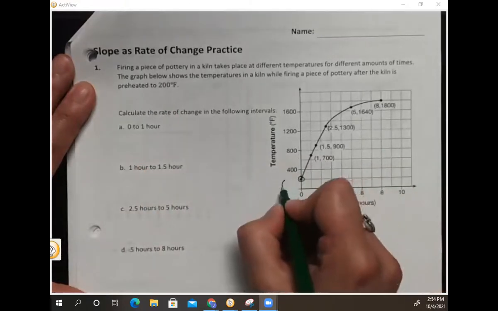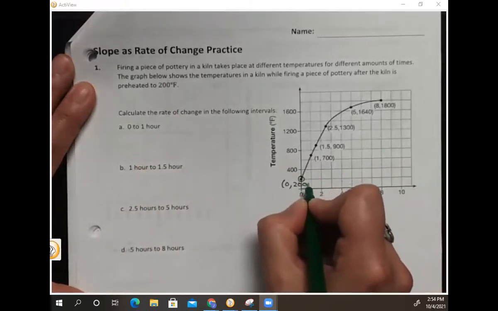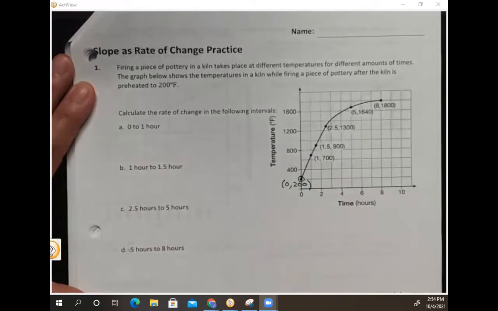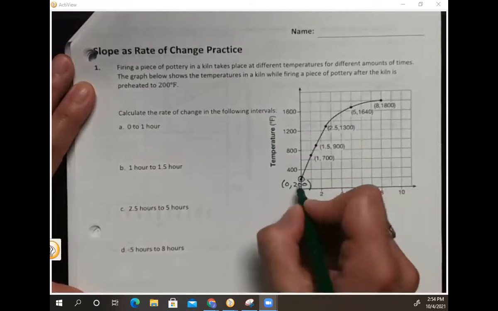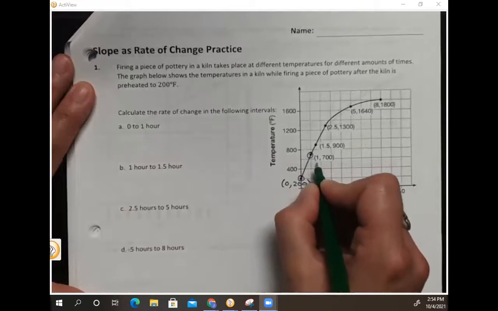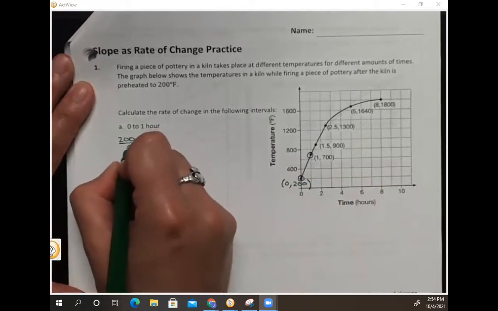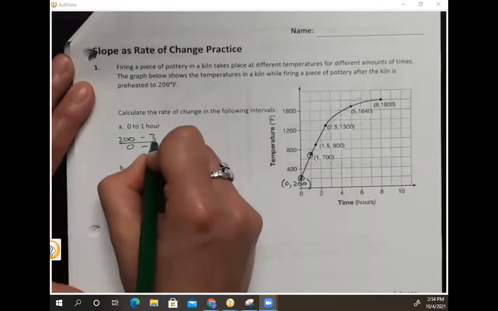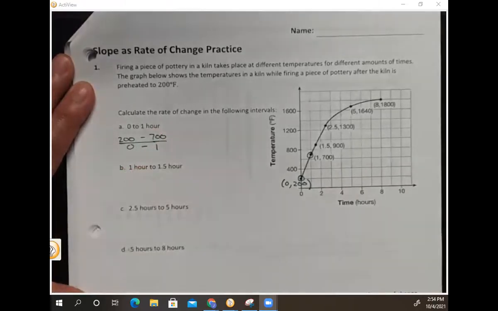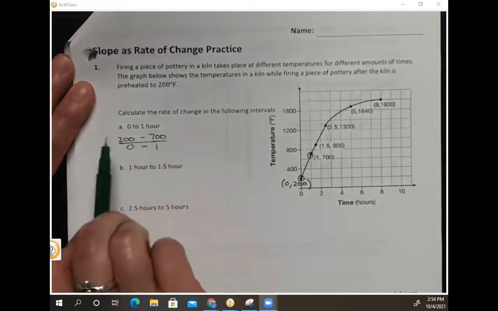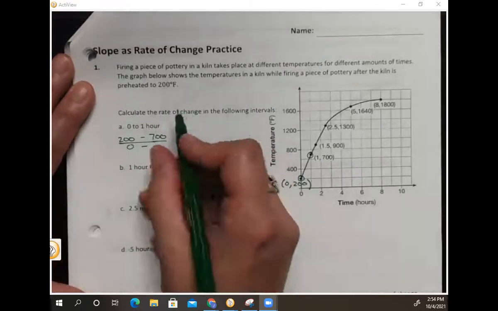So that would be this point right here, 0, 200. And I'm going to find the rate of change or the slope between this point and the point at 1 hour. So this would be 200 over 0 minus 700 over 1. Or again, flip-flop these, and that's fine too.